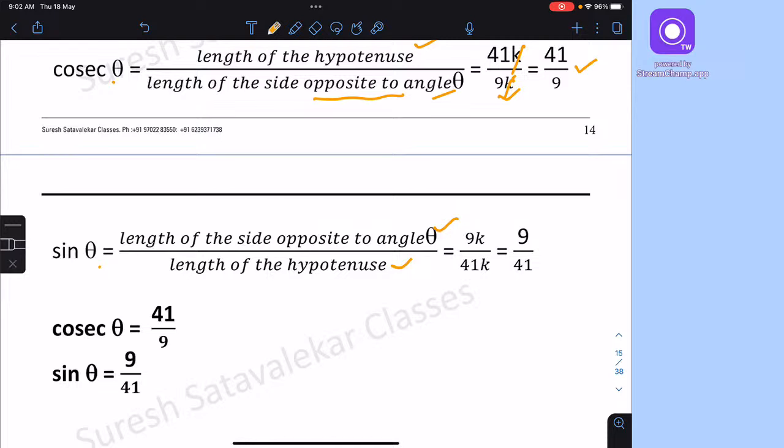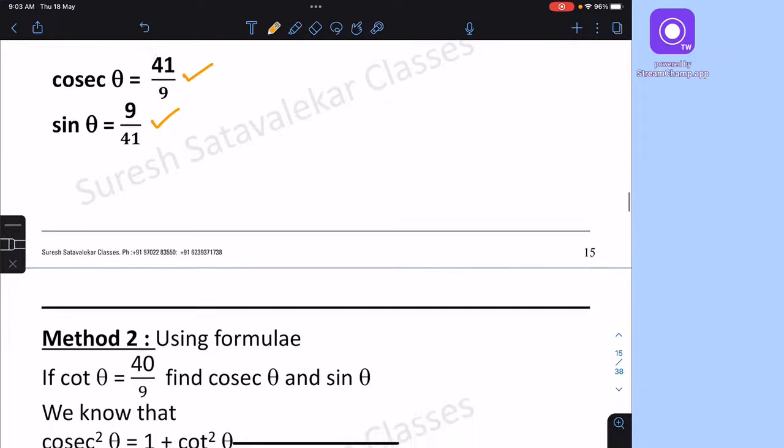It is the reciprocal of cosec theta. So whatever was in numerator here has gone in denominator, and what was in denominator is in numerator. So instead of 41k upon 9k, it is 9k upon 41k. k and k cancel, so it is 9 upon 41. Cosec theta is equal to 41 upon 9 and sin theta is equal to 9 upon 41.